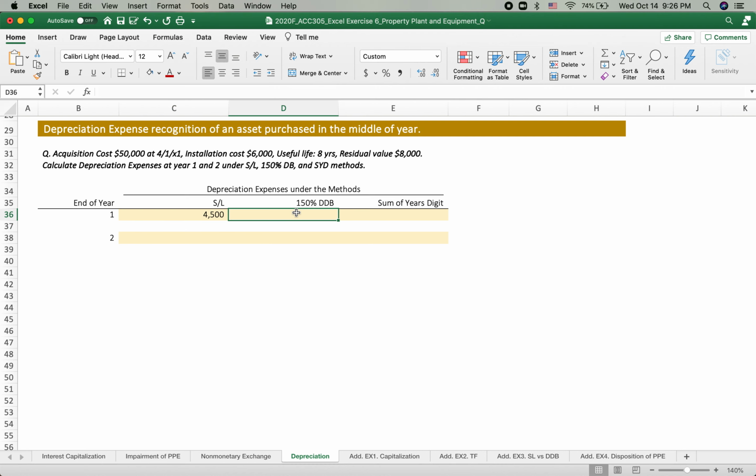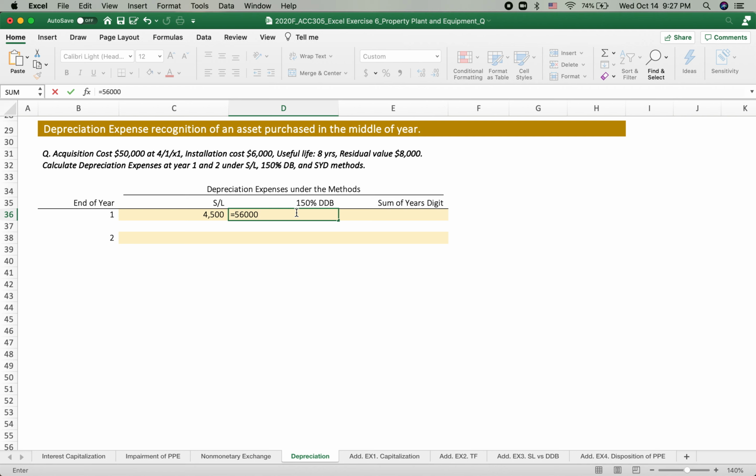Now we have a different approach to get the depreciation expense under the 150% declining balance. Here we start from $56,000, exactly the same total acquisition cost, but we do not reduce this depreciable cost by the residual value, because we want to depreciate as much as possible.